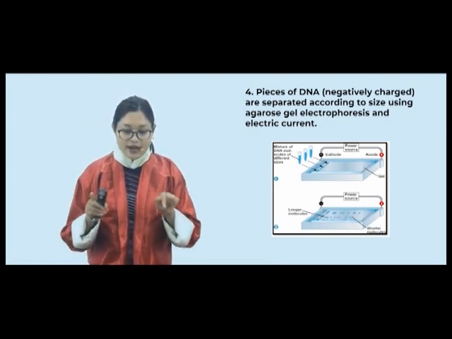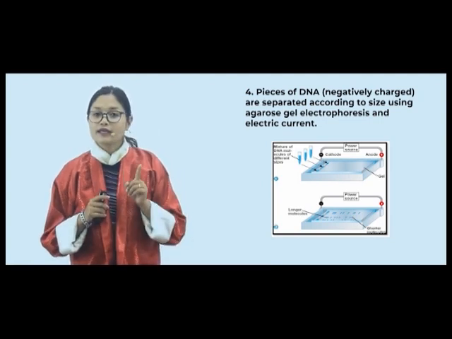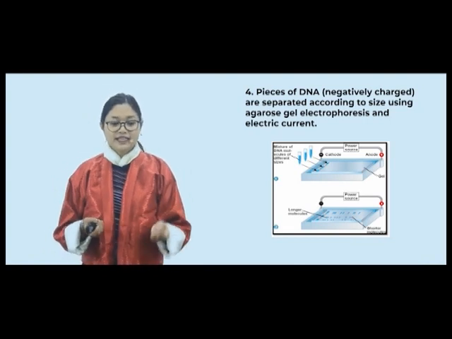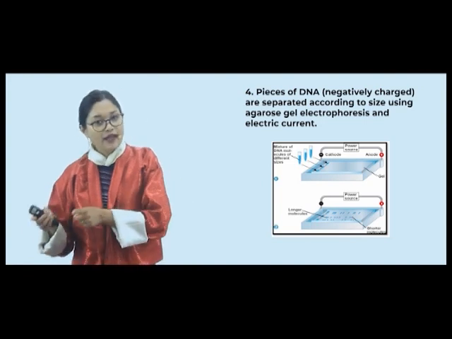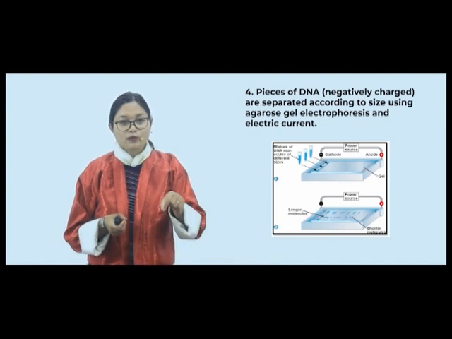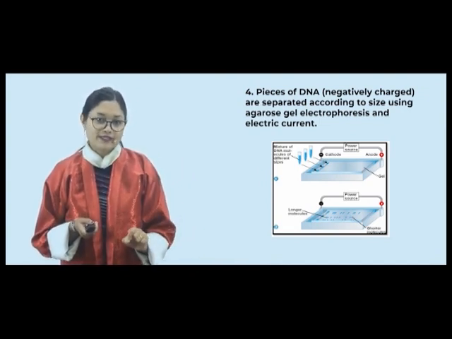This device is connected with electric current, and one thing you should know is that your DNA is negatively charged. Since the DNA is negatively charged, it should move towards the positive end. And you might be wondering whether DNA should be loaded on the negatively charged end of the electrophoresis device.